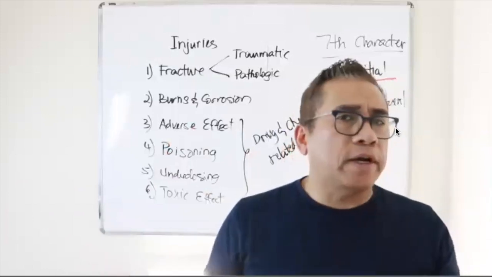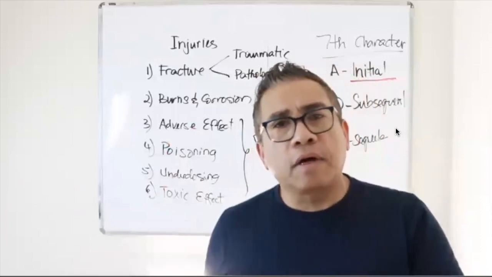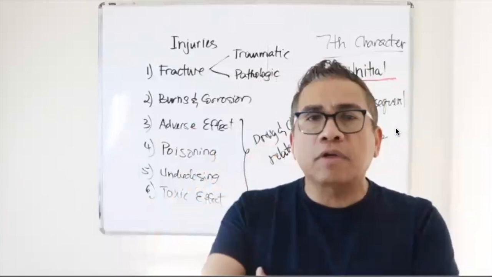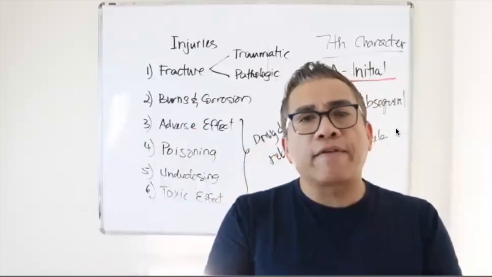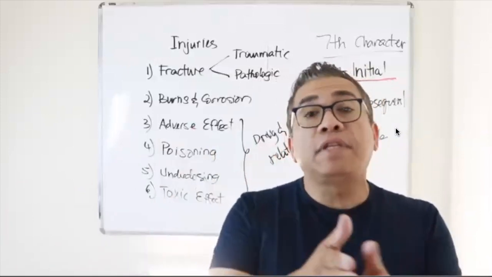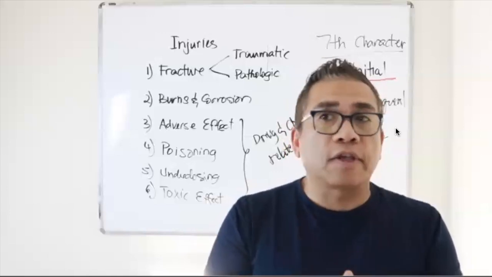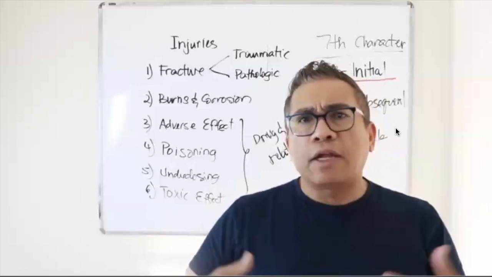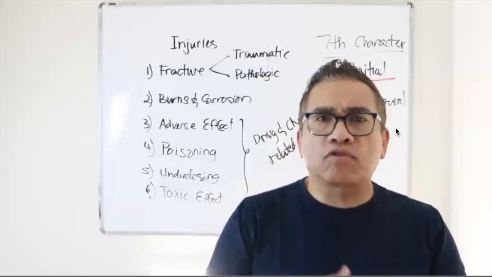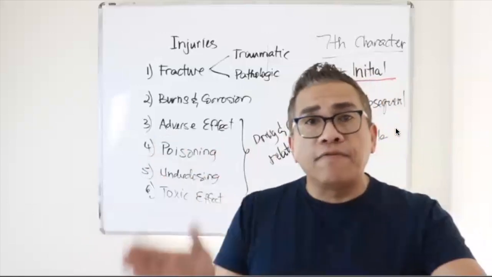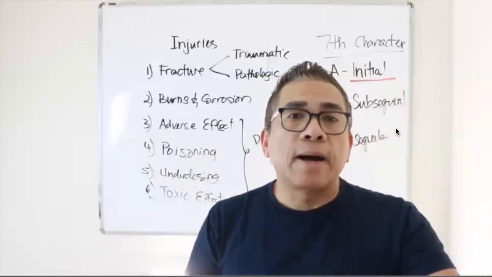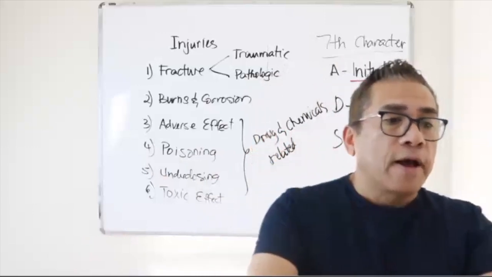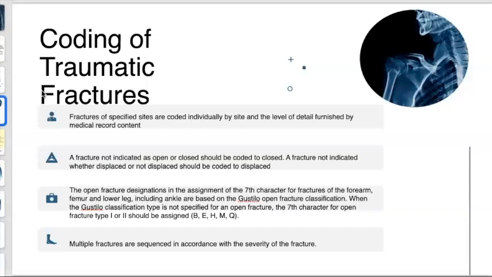If the medical record says patient had a fracture of the thigh bone, patient had a fracture of the humeral bone, you have to code everything by site and also the level of detail of what type of fracture it is. If a patient suffered a specific type of fracture, like an open fracture or comminuted fracture, transverse fracture, code it to the very detail of how it is described in the medical record. Okay, so that's the first instruction here. What else?